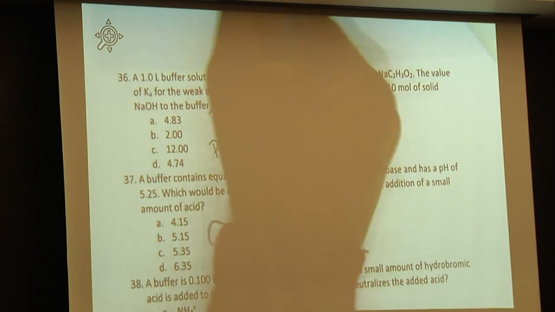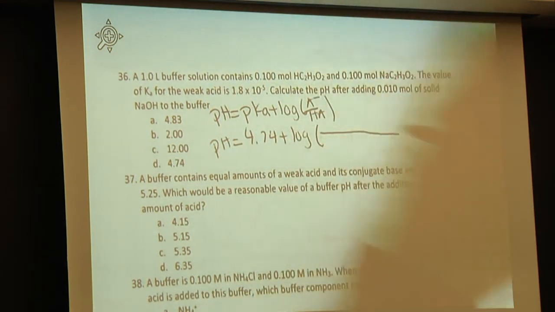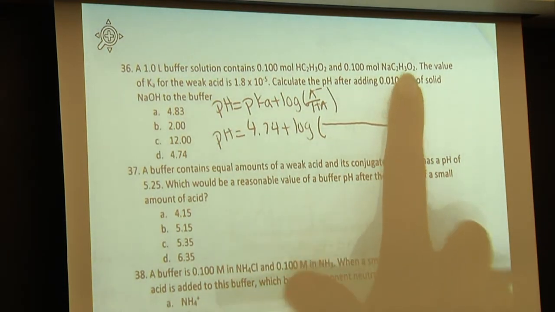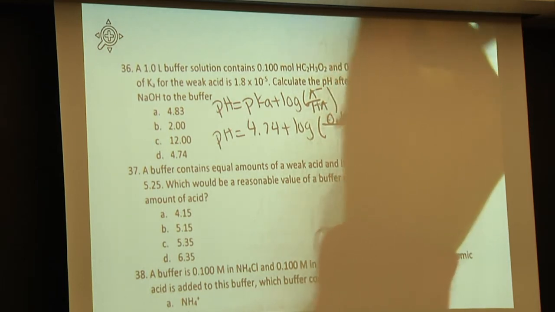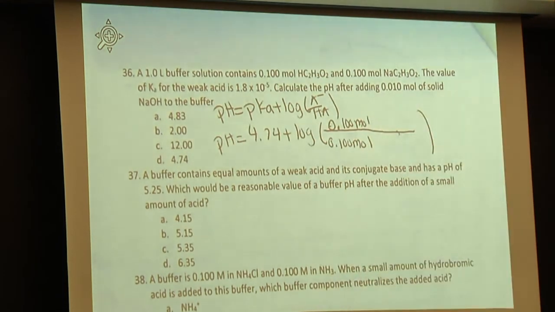4.74 plus log, and our conjugate base would be the acetate, sodium acetate. So it would be 0.100 mole over here, and then you'll have 0.100 mole of the acetic acid on the bottom. If we're adding a base, your base is going to neutralize the acid, correct?